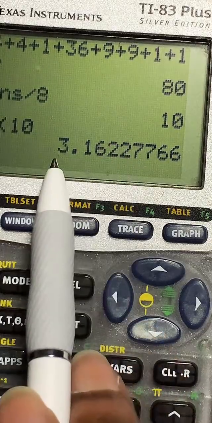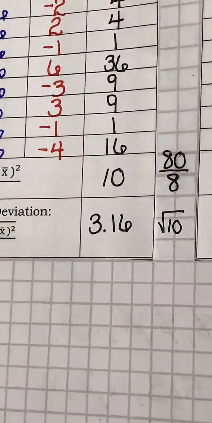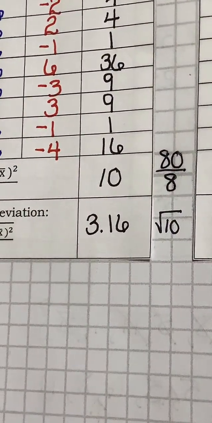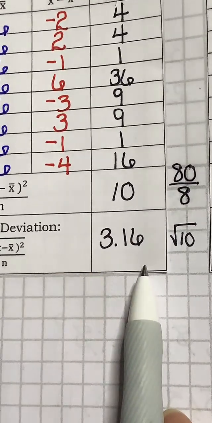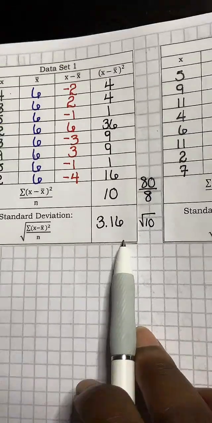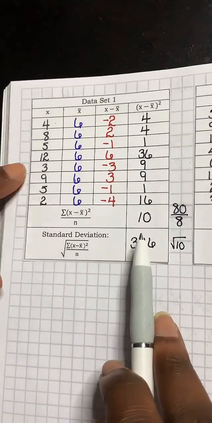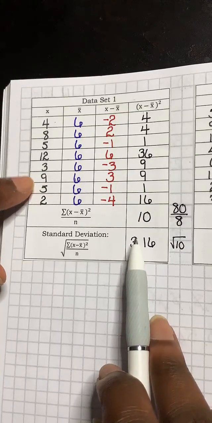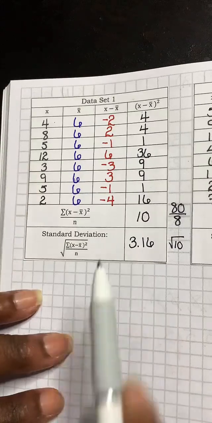So we'll just get our 3.16. There you go, Big Al. Nice. All right, so that's the standard deviation of this set of numbers.